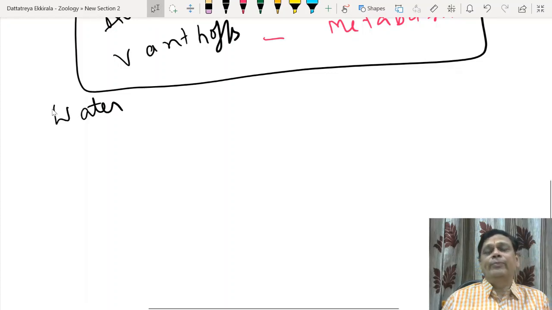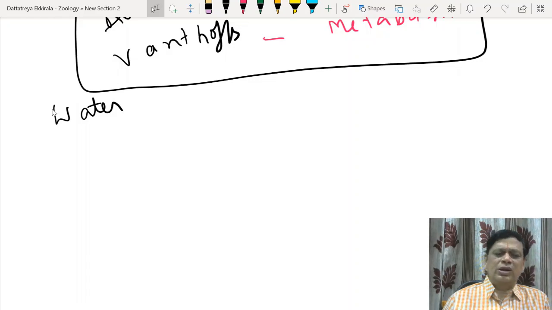you know that Earth 71% is covered with oceans or water. You can say in water 97% is marine and only 3% is fresh water. Now water is very important, but terrestrial animal success depends on how they effectively conserve water.